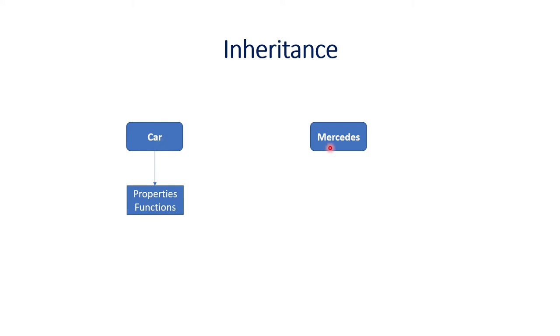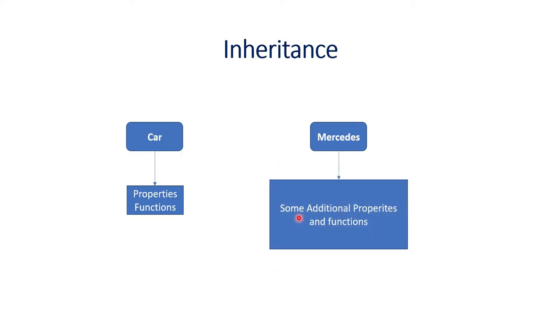So Mercedes cars must have the properties of car. Along with these properties, Mercedes will have some additional properties. So what is Mercedes? Mercedes is a car. So it means that Mercedes will have these properties, and it will have some additional properties and functions.